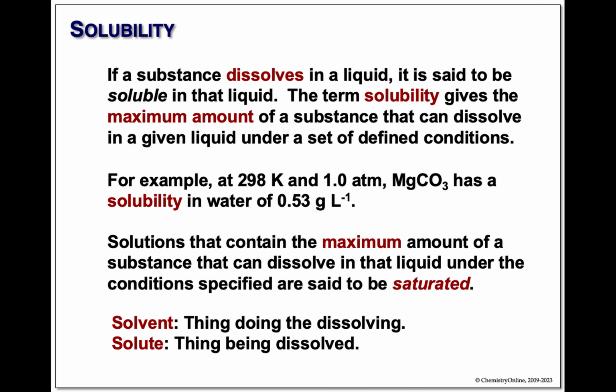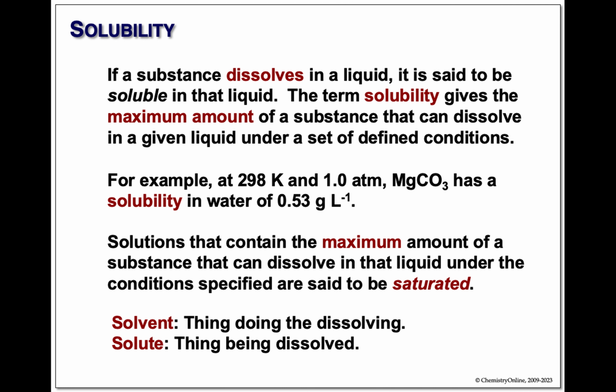Well, the concept of a saturated solution is interesting. You can actually cheat and make what's called a supersaturated solution because the solubility actually depends upon the temperature. This is 298 K. We don't know what K means, but this is room temperature.